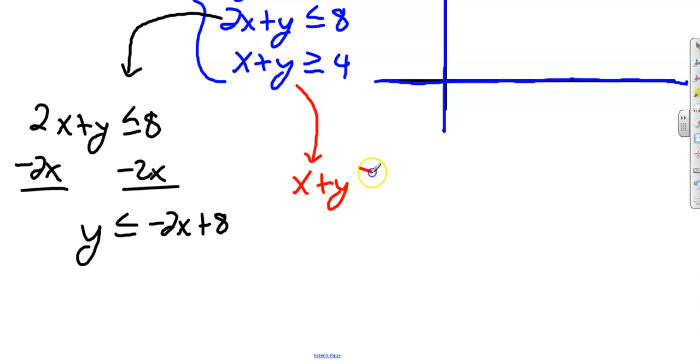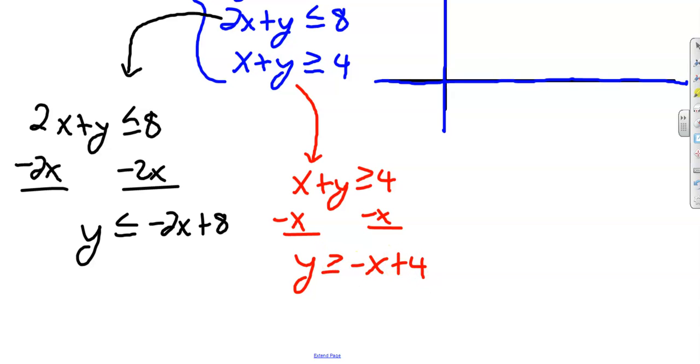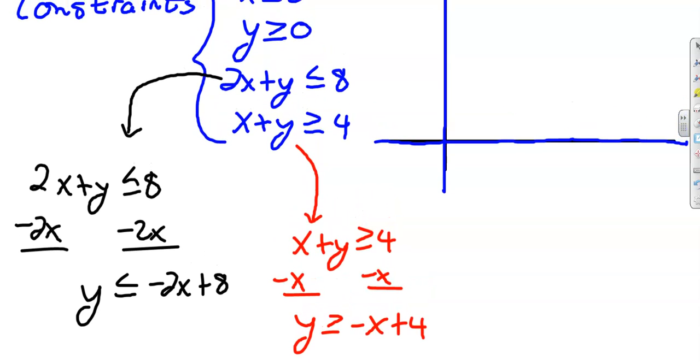And same thing with the last line there, it's the same way, just subtract away the x. Okay, and from there just start graphing those 2 lines.